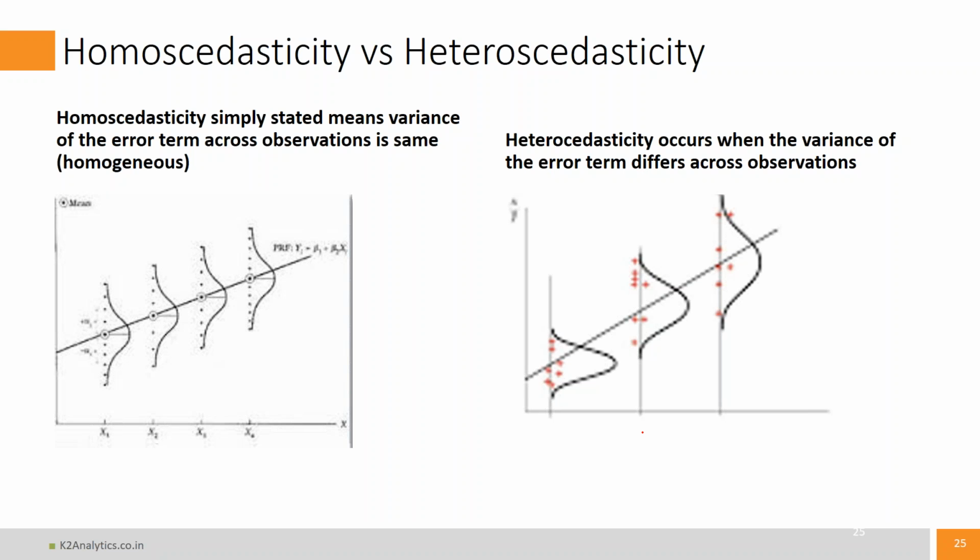But one of the key assumptions in a linear regression model is that the error term should be homoscedastic. What is homoscedastic? Homoscedasticity simply means that if I compute the variance of the error term across observations, then it should be the same.